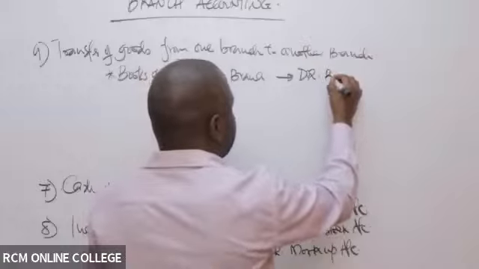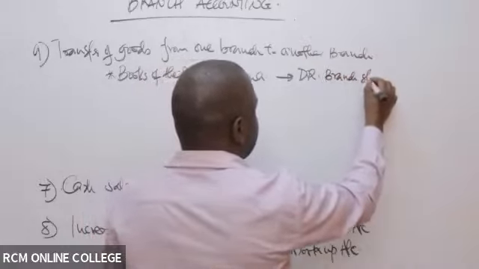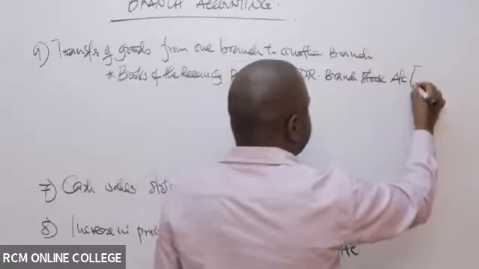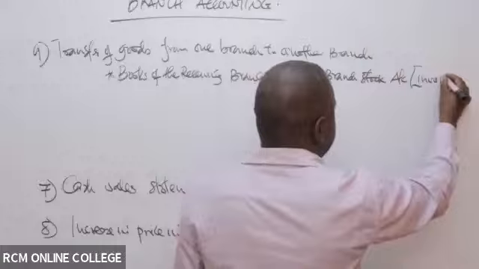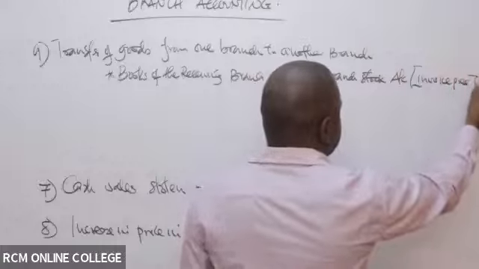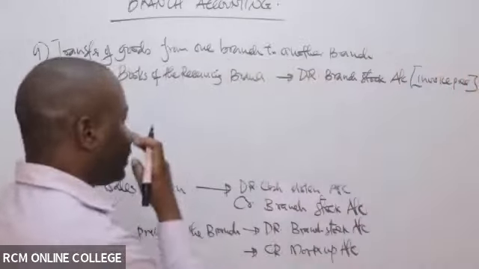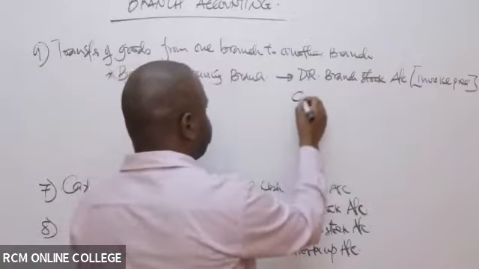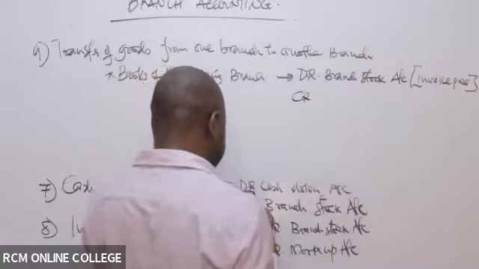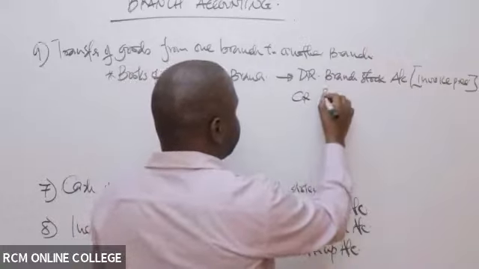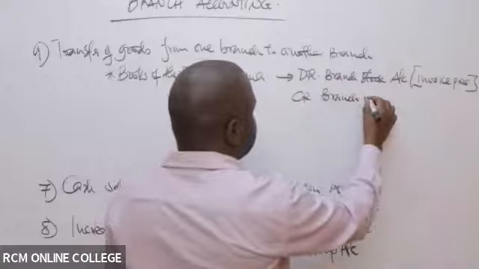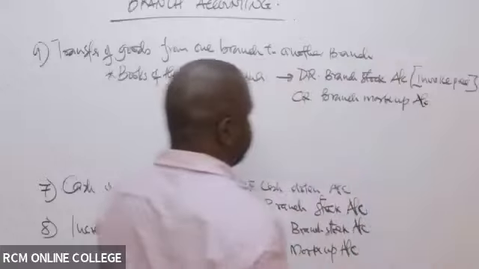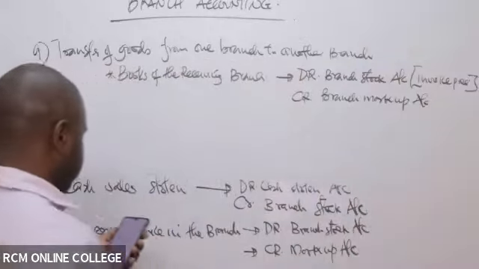Debit the branch stock account, or inventory account, at the invoice price of these goods. Then you'll credit the branch markup account.